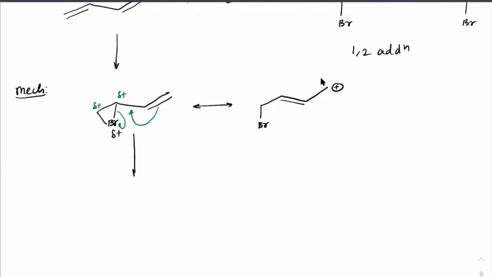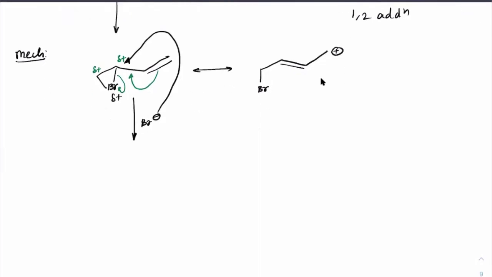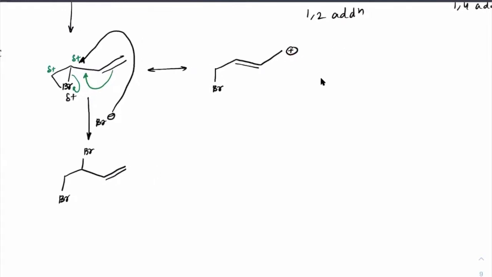But before forming that, Br minus can attack here directly. So we will get 1,2 addition, which is Br and Br, simple 1,2 addition. Or it can first form a carbocation character here, on which this double bond can shift and make a complete classical carbocation. And from here again Br minus will get added on this position, giving 1,4 addition. So you can see we can get this as 1,4 addition.